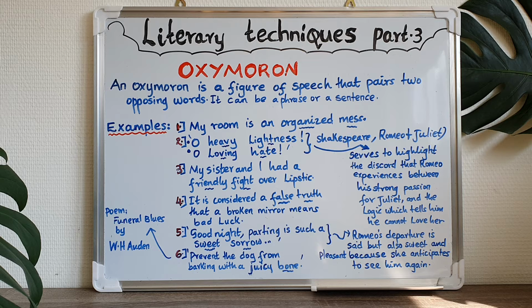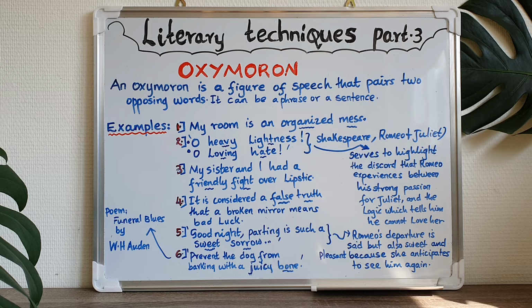And that is why we can speak of the use of an oxymoron. So an oxymoron has been employed in that sentence because of the use of two words that are opposite in meaning that have been paired together. If something is false, you don't expect it to be true, because false is the opposite of true.